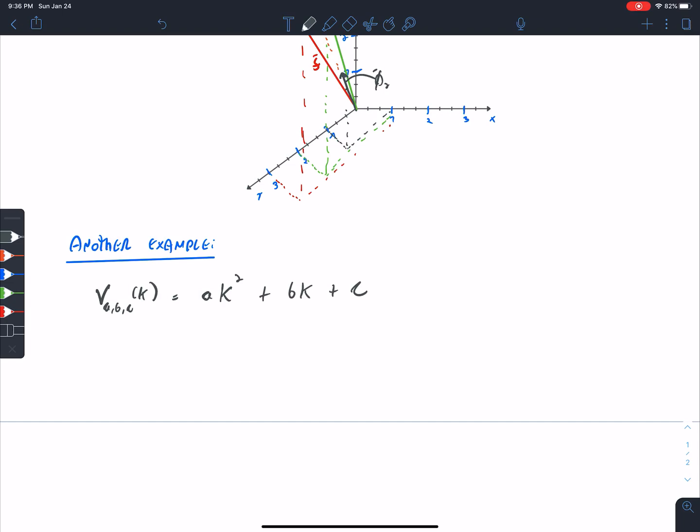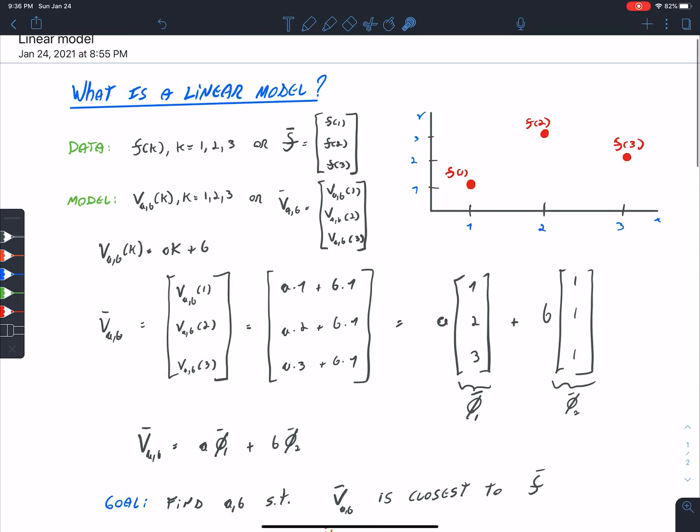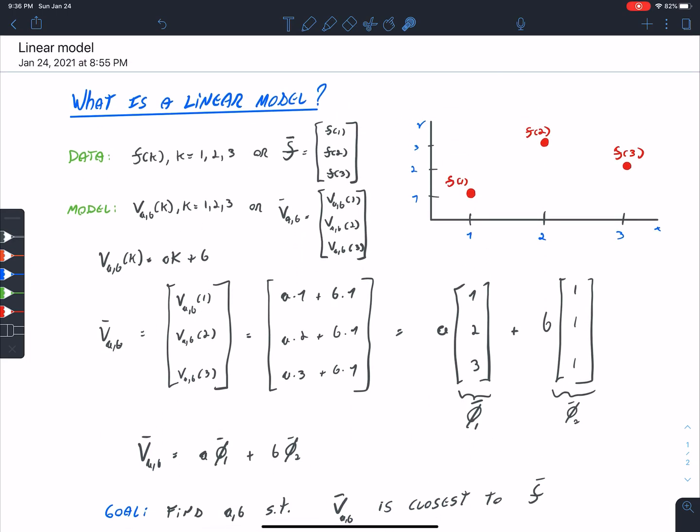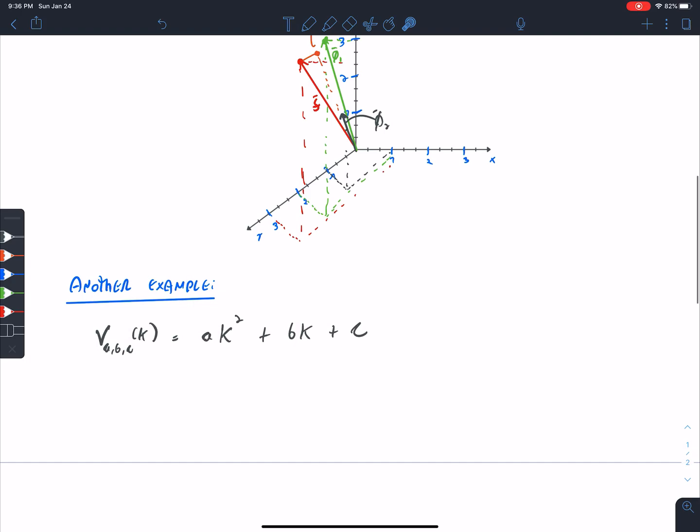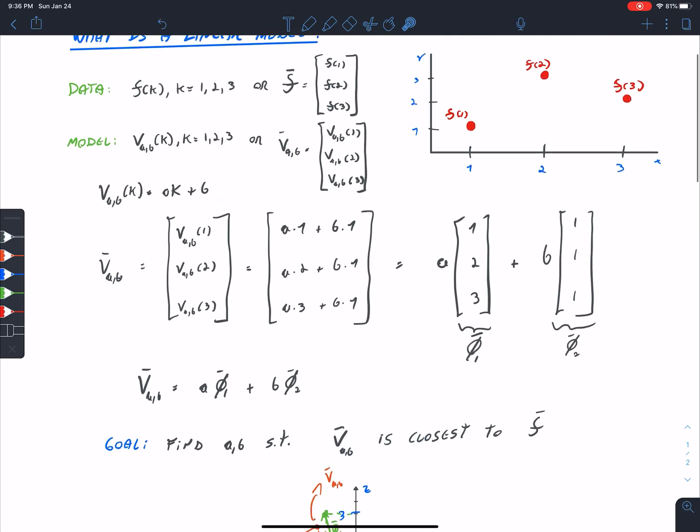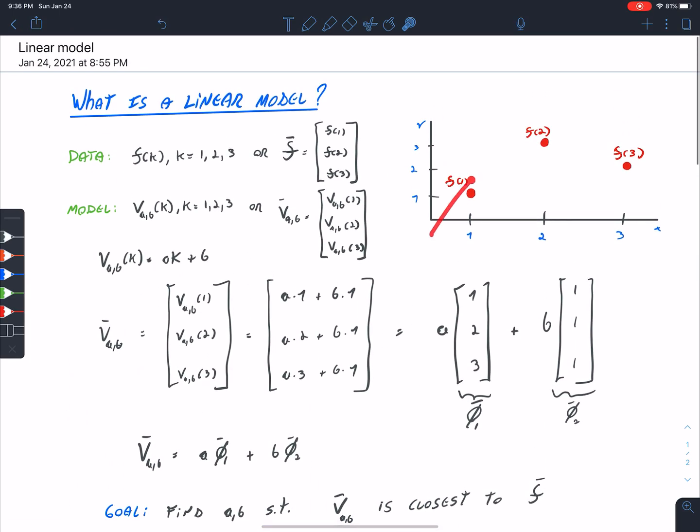Right? Now let's look at this model. Going back to our original plot, this means that we're trying to fit a quadratic function here. In this case, we would have to find the right coefficients a, b, and c such that the quadratic function that this draws fits perfectly within this set of points.